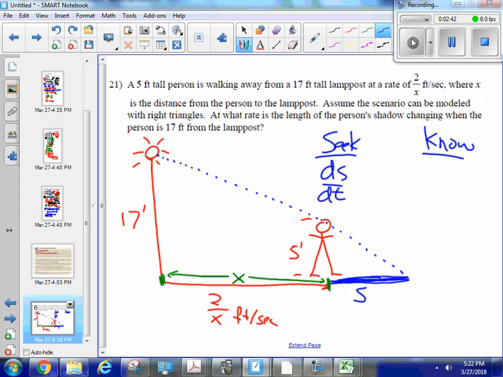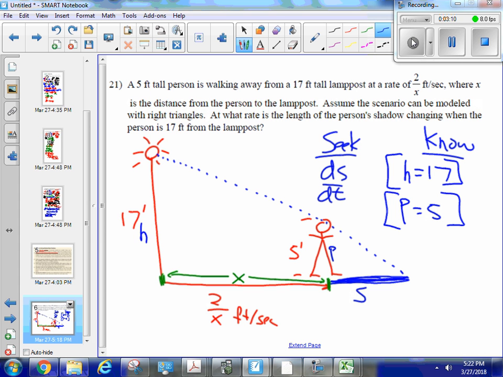Well, what do I know? I know that the lamp, let's call this h, that's the height of the lamppost. So I know that h is equal to 17, and I know that that is constant. That is not going to change at all. So I put little brackets around it. And I know that the person's height, we'll call that p, is equal to 5. And I also know that that's not going to change.